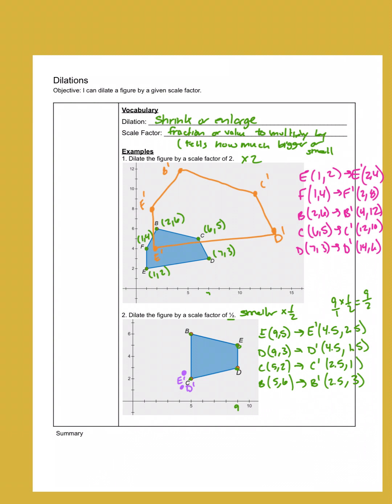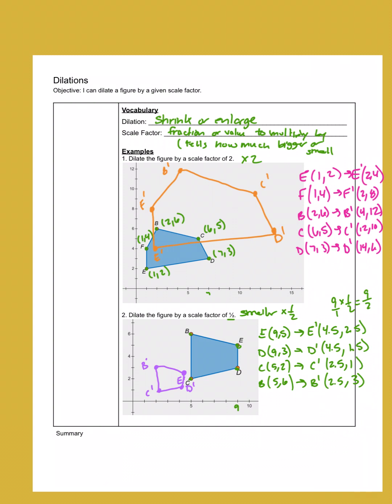C prime is at 2.5, 1. And B prime is at 2.5, 3. That's B prime. And then I can connect my dots so I can see my image. And it is now half the size that it was originally. And keep in mind, I'm kind of estimating here, so it does not look perfect.